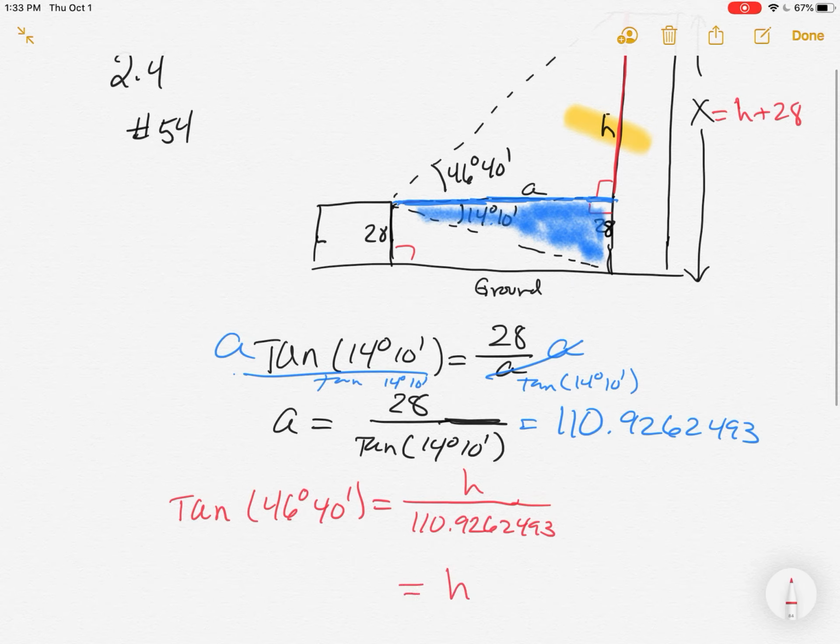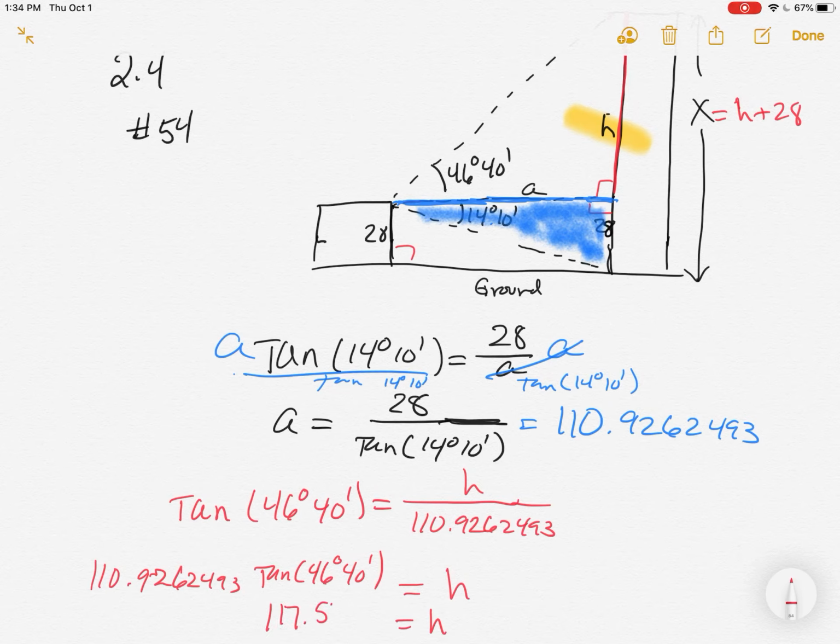No problem. h is equal to 110.9262493 times the tangent of 46 degrees 40 minutes. Let's see what that number is. I take this number that's already in my calculator, multiply by tangent of 46 plus 40 divided by 60, that we learned from our chapter 1 experience, and we get an h value of 117.5749, and it just keeps going.